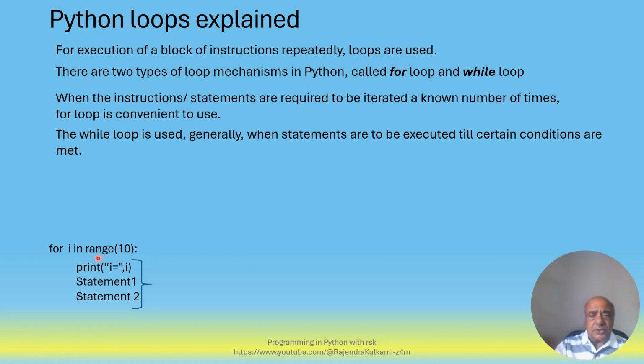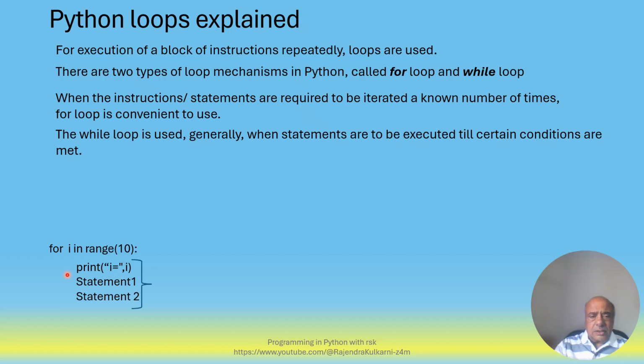Then there is the function range, that is also a Python function, and its argument is a number. In this particular instance, for I in range 10, I will iterate from 0 up to 10, and when I reaches 9 and then becomes 10, the loop will terminate.